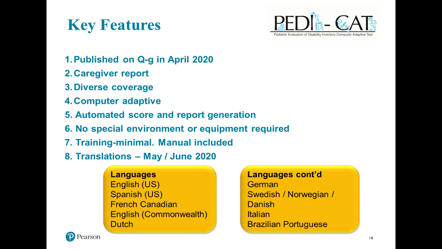English Commonwealth is a term we've used because it covers countries such as Australia, the UK, and Canada, where there are some language differences between US English and the English used across those Commonwealth countries. There's Dutch, German, Swedish, Norwegian, Danish, Italian, and Brazilian Portuguese. As of the April release this month, the initial release was for English US, Spanish US, and English Commonwealth.